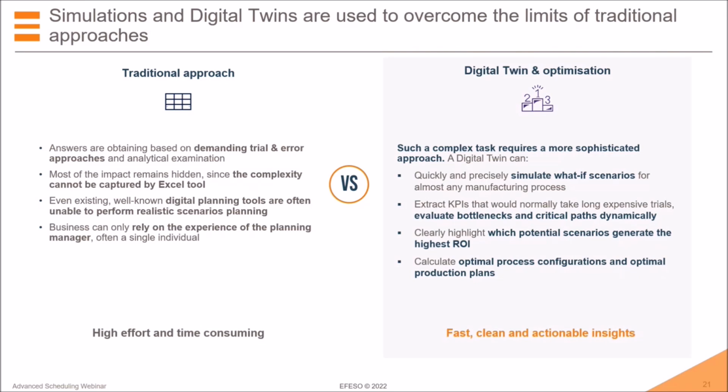It is basically a pretty accurate simulated copy of your processes, which you can use to perform optimal multi-scenario analysis, evaluate the effect of modifications, and evaluate bottlenecks and KPIs, extracting basically all the data that you need in much less time and with much less risk. So a digital twin coupled with AI optimization provides the best way nowadays to achieve optimal planning and scheduling in a dynamic environment.